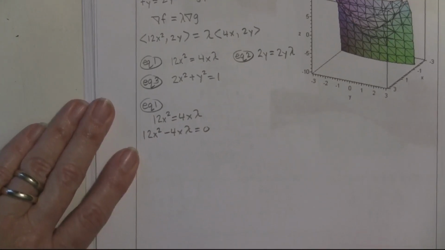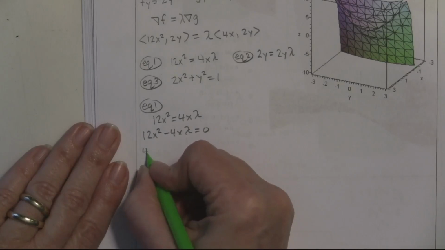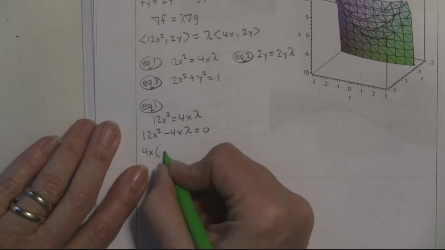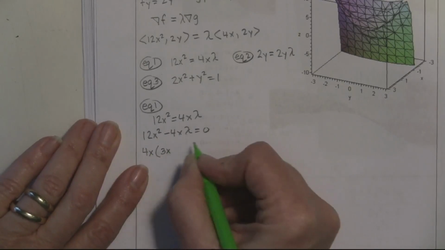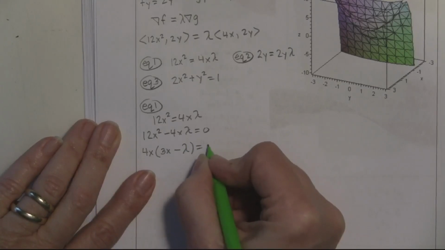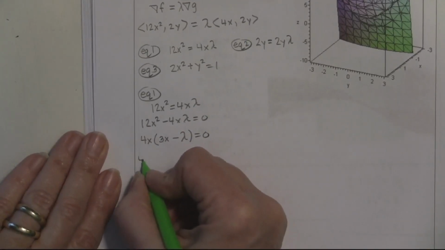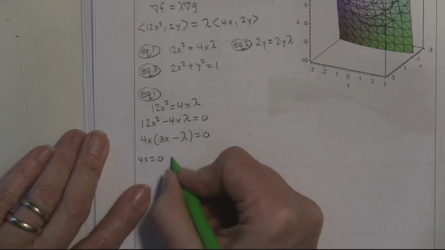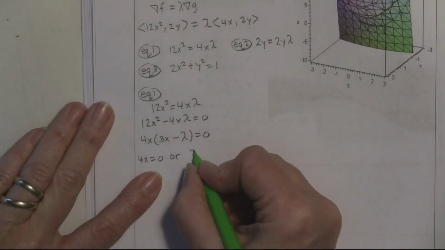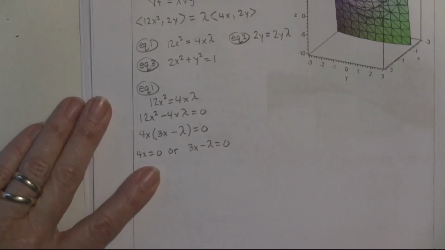And if I factor out 4x, then I get 3x minus lambda equals 0. So that tells us that 4x equals 0, or 3x minus lambda equals 0, not and, or.